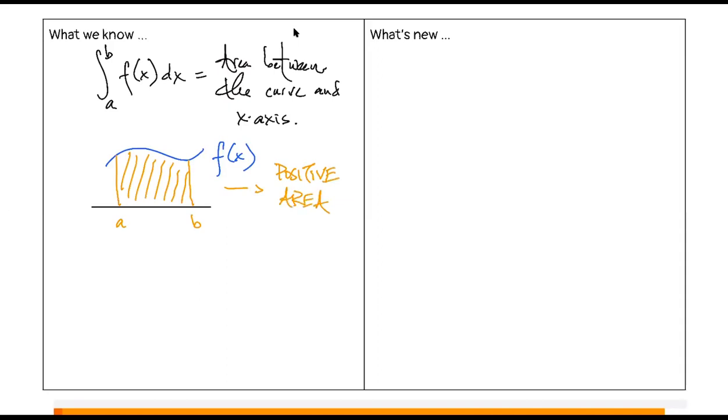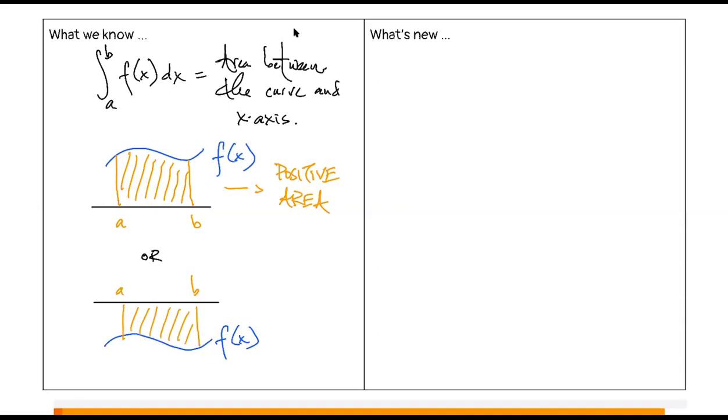But you might also encounter situations where the number that you get is negative. All that means is that you had the x-axis and the function was below it. Same thing, you started at a certain point and ended at a certain point and found that area.